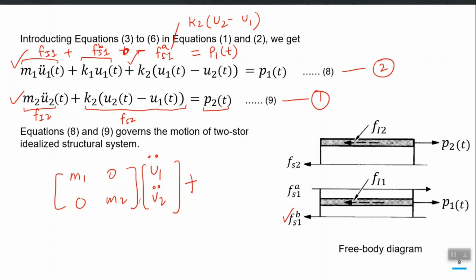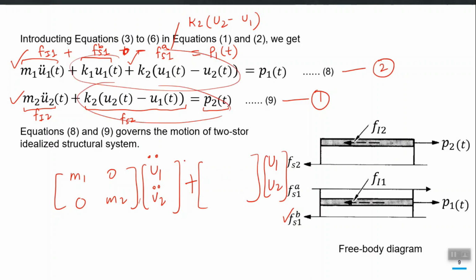So let's have a plus sign here, and then k1 and k2 are being multiplied differently with u1 and u2. So let's have a k matrix in between which is multiplied with u1 and u2, and let's arrange the entries such that when we carry out that multiplication we get this thing and this thing, right.